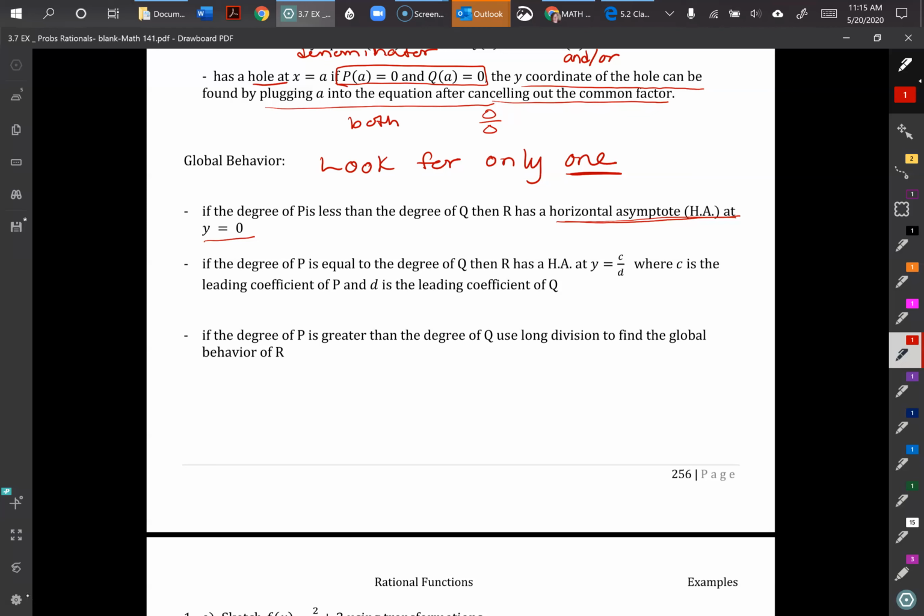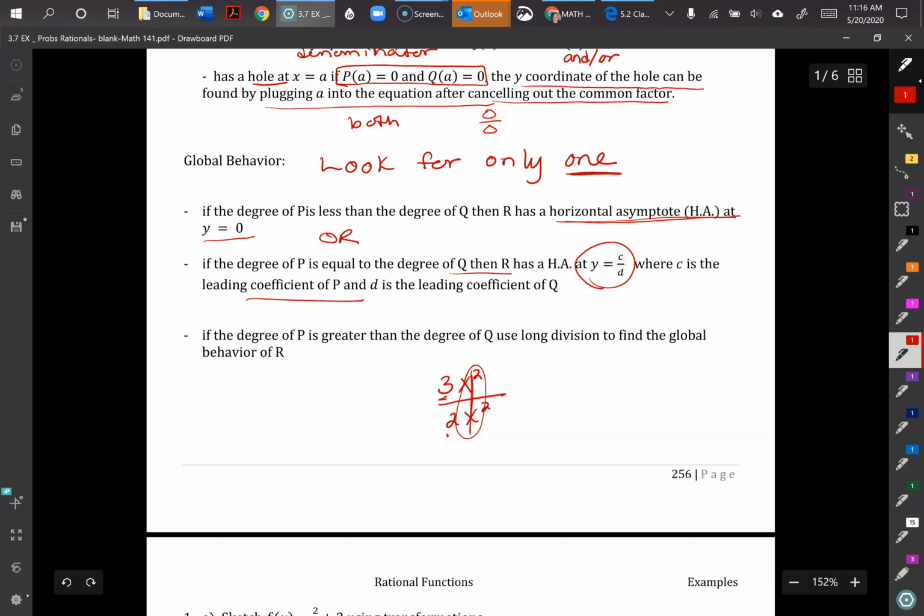Because as the denominator gets larger, the fraction itself gets smaller and smaller. So if the degree of P is equal to the degree of Q, then R has a horizontal asymptote at y equals C over D. That's the lead coefficient. Say it's 3x squared over 2x squared, these will approach the same thing, even though they differ a little.